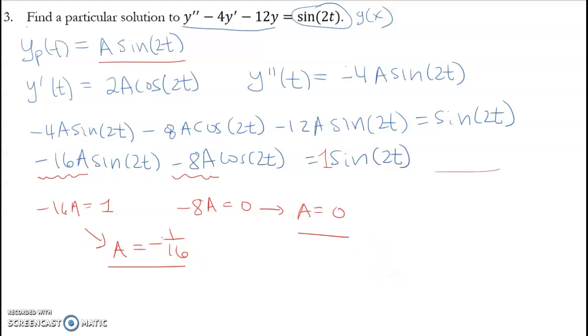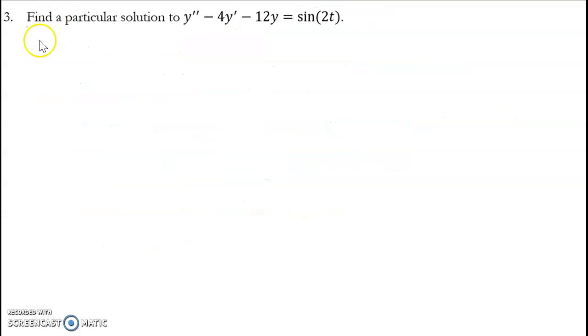So we're going to have to take a different guess. Once you fail, go back to the form, and this should give you a lot of hints. Usually your second attempt is the one that is going to work out. It seems like I'm going to have some kind of sine and cosine involved, not just sine itself. So let's continue.